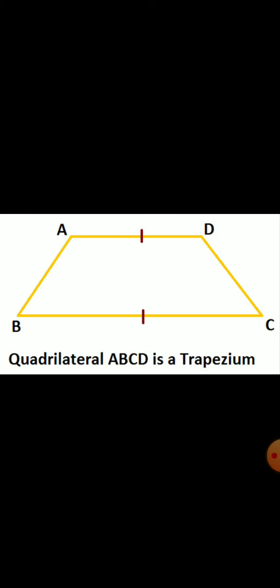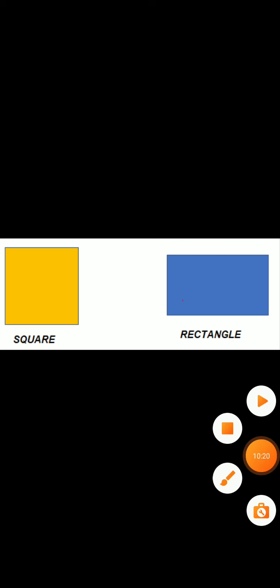But in a trapezium, only one pair of opposite sides are parallel to each other. That is why a trapezium cannot be a parallelogram, but a parallelogram is a trapezium. Remember students, a parallelogram is a trapezium, but a trapezium is not a parallelogram.